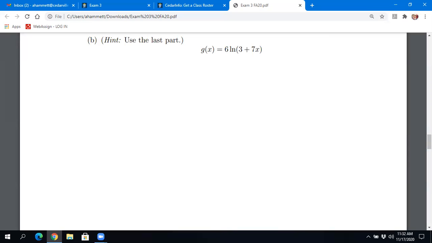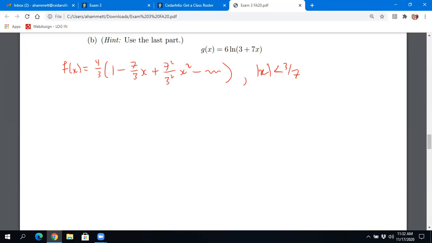Okay, so remember from the previous part, f of x was equal to 4/3 times 1 minus 7/3 x plus 7 squared over 3 squared x squared minus etc. And that was good to go for x in absolute value less than 3/7. That was the radius of convergence.